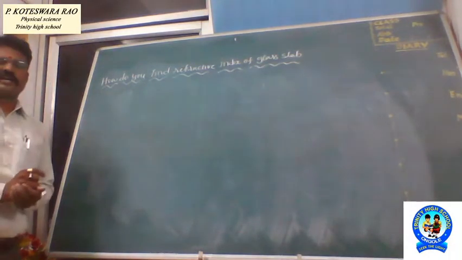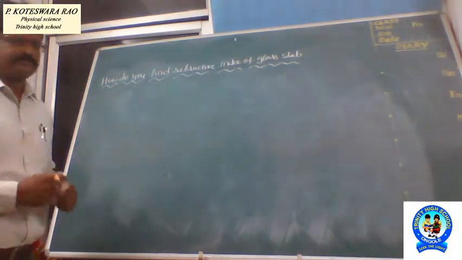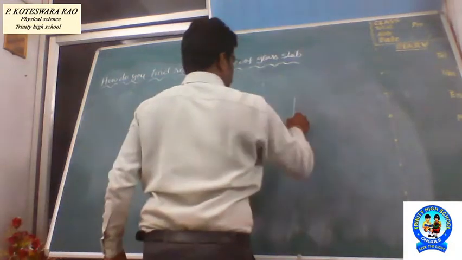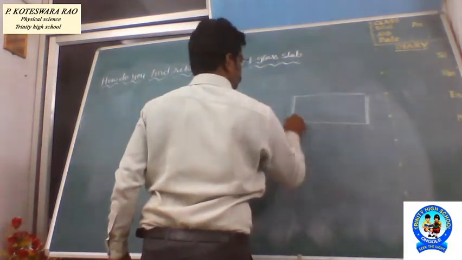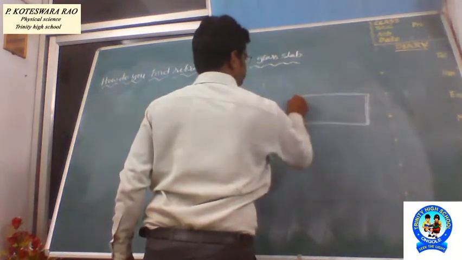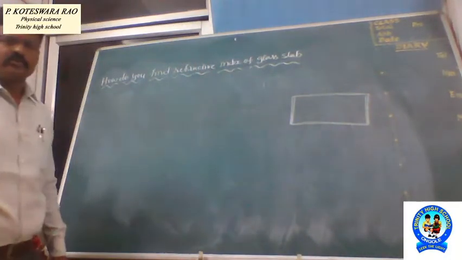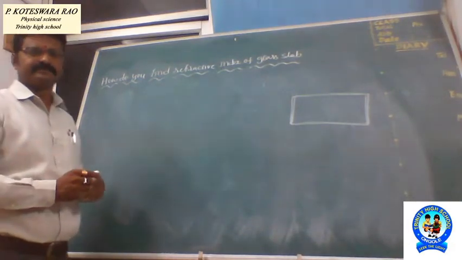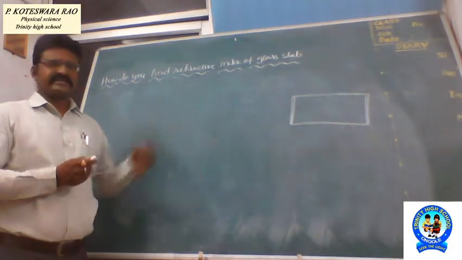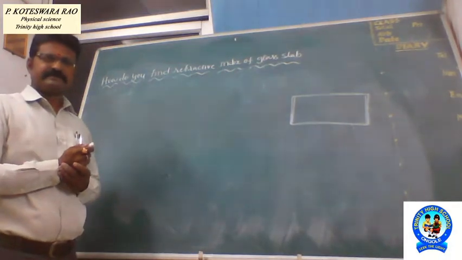First of all, we want to take the given glass slab. For example, this is the given glass slab. Now we want to measure the thickness of the glass slab.